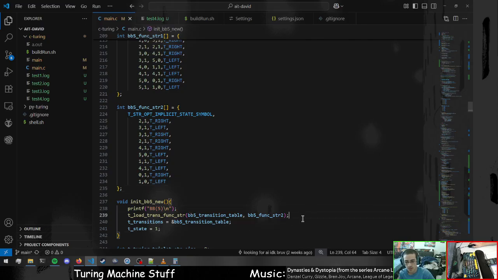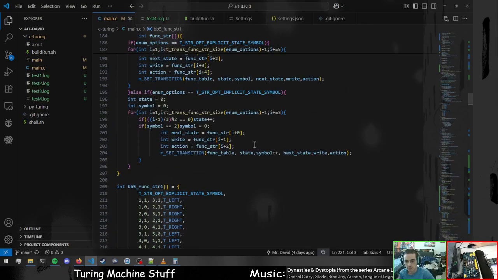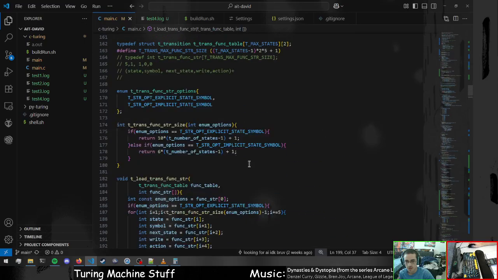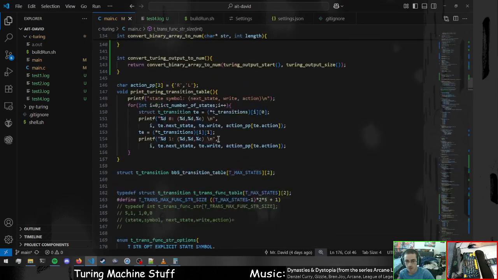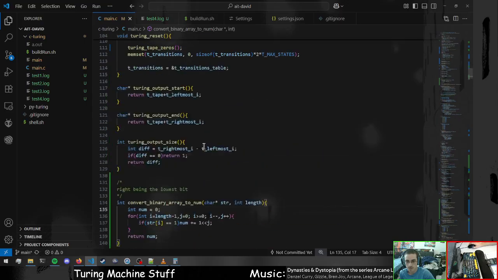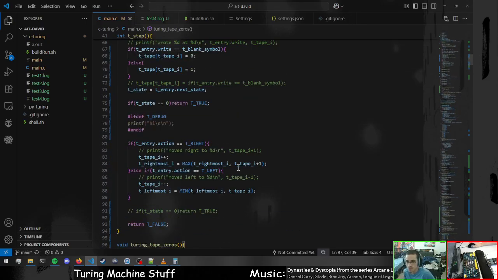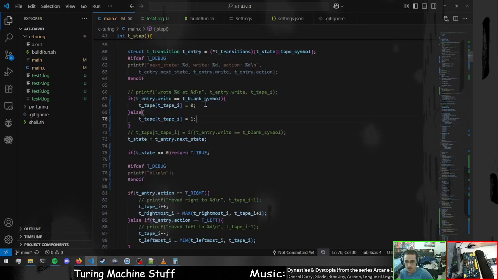So I think I'm gonna have to change it up a little bit. You know, make a header file or two, or three or four, and make a proper build script. Maybe turn this into like a library. I have no clue. Maybe I'll keep it all in one file, which is a little insane, but I'll see what happens.